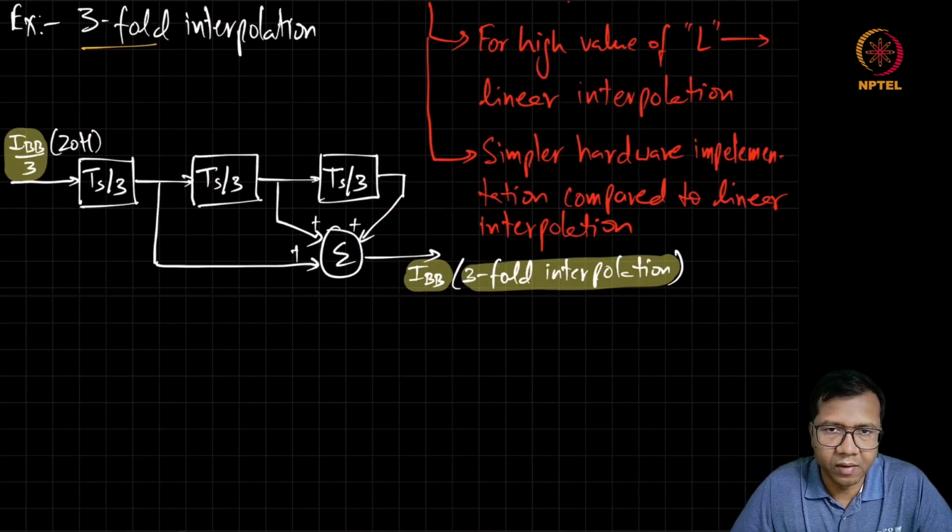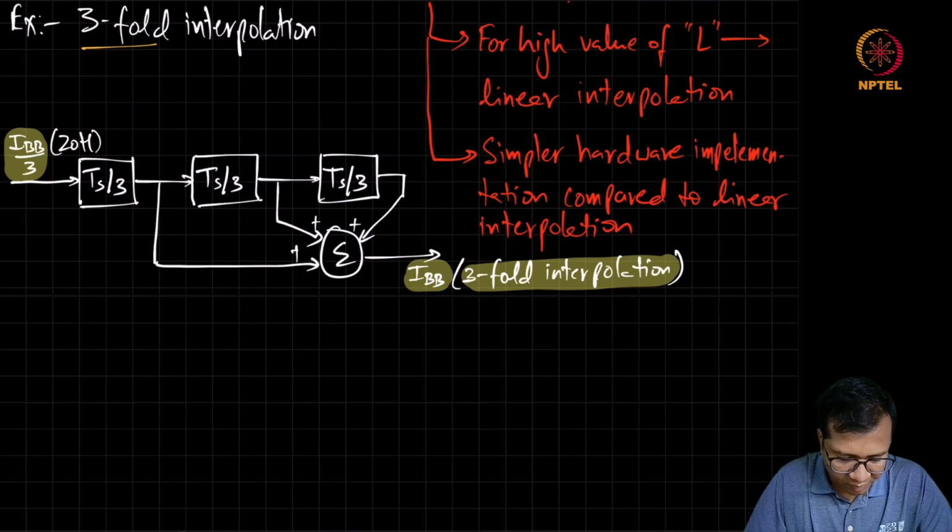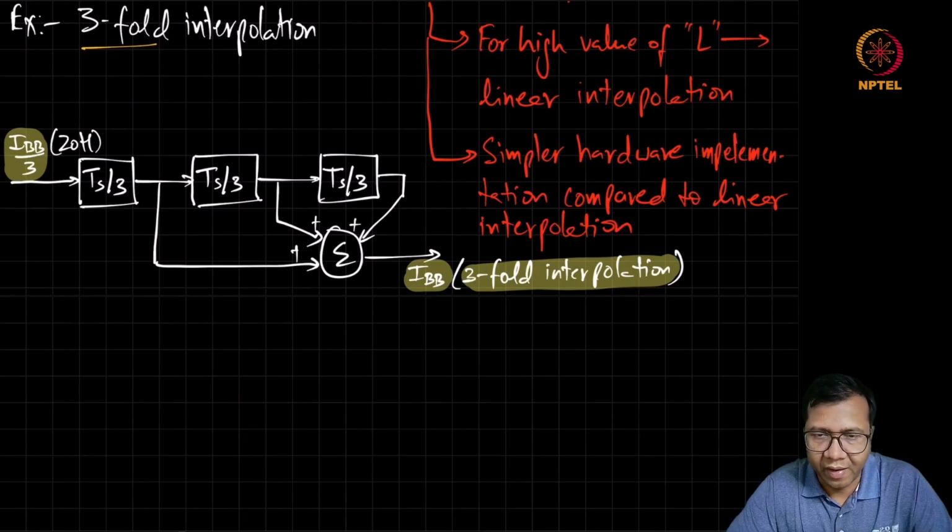We can also take a look at the impulse response of this threefold interpolation to understand what kind of filtering action such an interpolation can add at the output of the DAC.